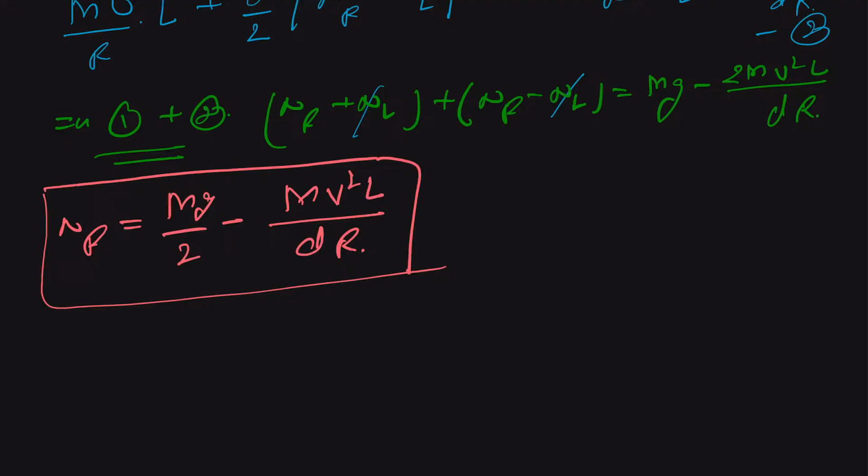Similarly, if we subtract these two equations, we get the normal to our left foot, which will be the same except one sign, that will be a plus, mv square L upon d times r.